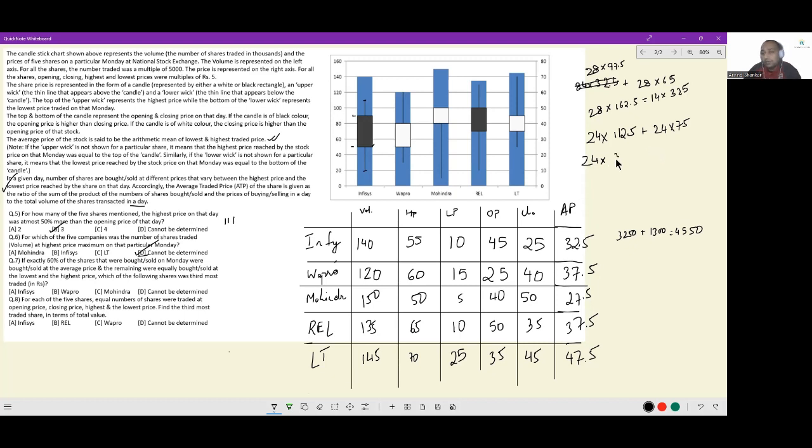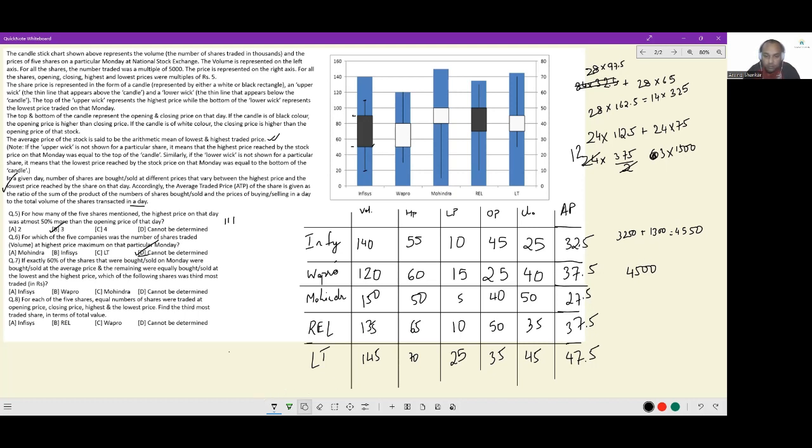So 375. This we have to do. So 375 into 4 if I do, so 1500 into 6 if I do. Sorry. 24 into 375 by 2. So this turns to 12 or 6 or 3 into 1500. So this will get me to 4500.